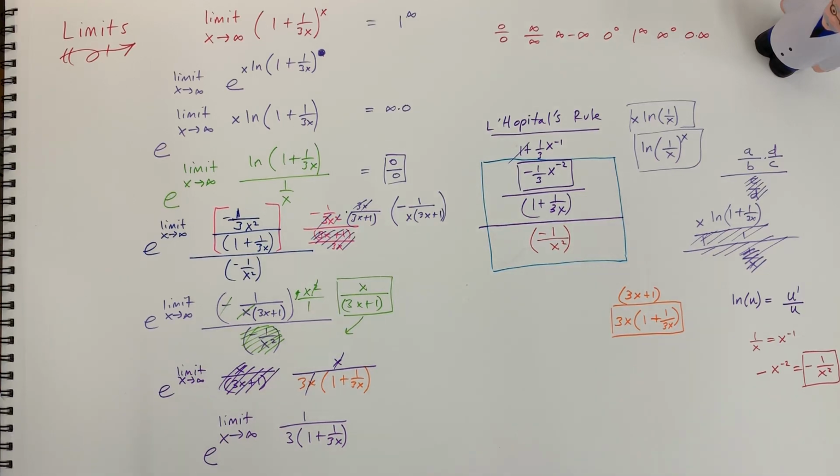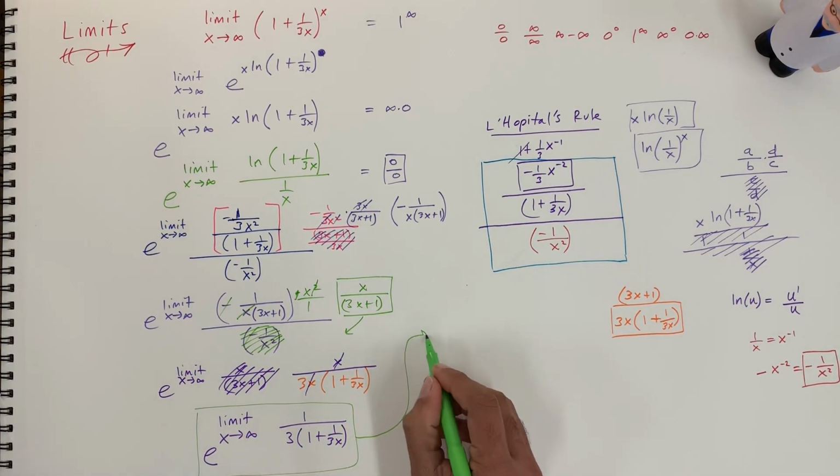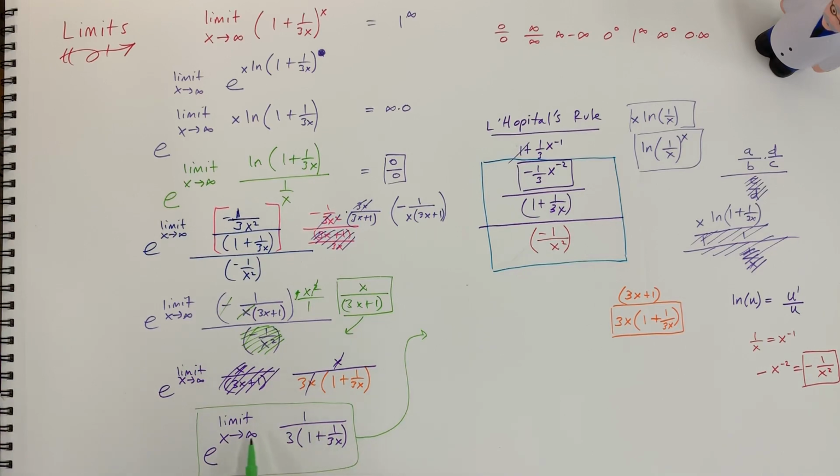All right, now if I evaluate this limit, okay, I'm gonna put this right here. So if I evaluate and put x, the limit as x goes to infinity into here, 1 over infinity is 0, so we're left with 1 on the bottom times 3, and so we're left with a 1/3.